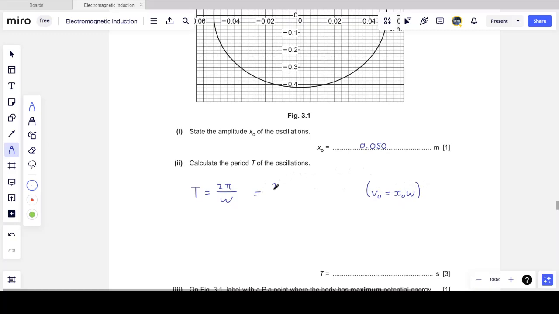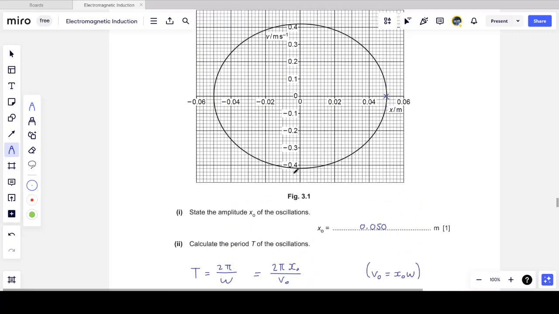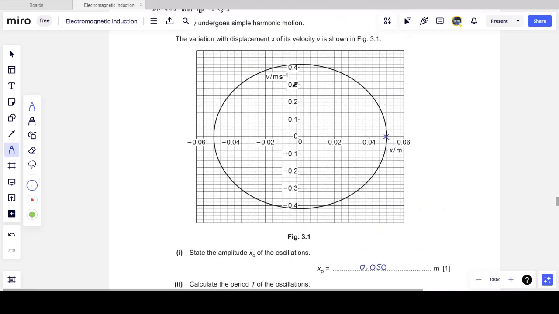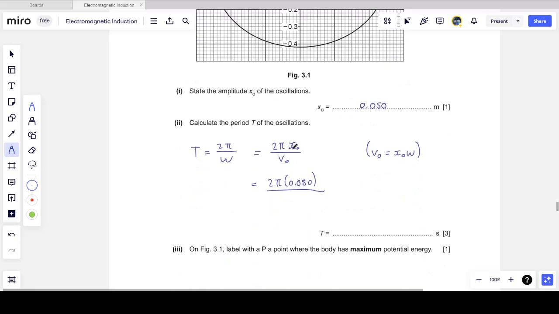So I can find the period T by writing this as 2π x₀ divided by the maximum speed v₀, and both of these values I know. That's 2π times the amplitude, which I said was 0.05 in meters, so I can leave that as is. And the maximum speed, thankfully given in SI units, meters per second, if I look at my graph, is 0.42 meters per second.